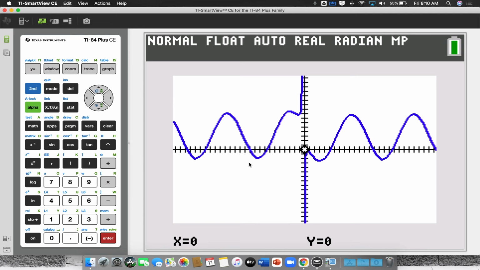Okay. If your calculator is not cooperating, don't worry about it. Just look at mine. Just make believe your calculator is my calculator. If your calculator is doing it, do it on your calculator.